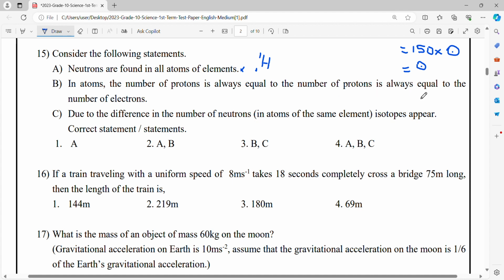Atomic number is equal to the number of protons, and the number of protons is always equal to the number of electrons. Number of P is equal to number of E. This is true. Then statement 3: due to difference in number of neutrons.